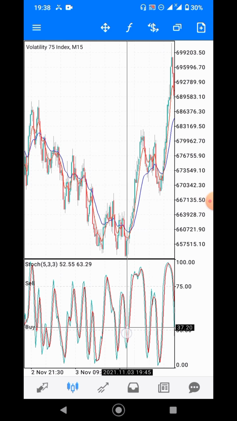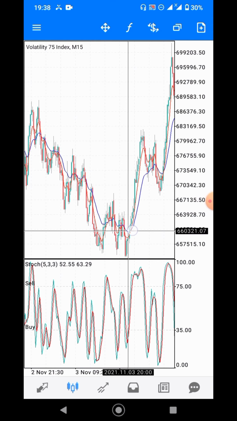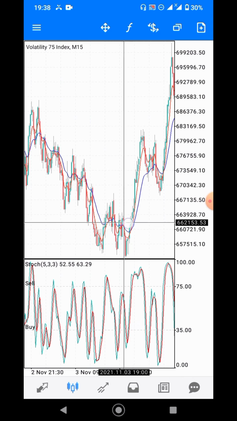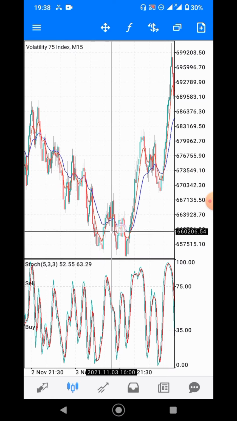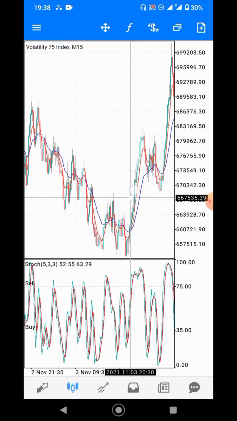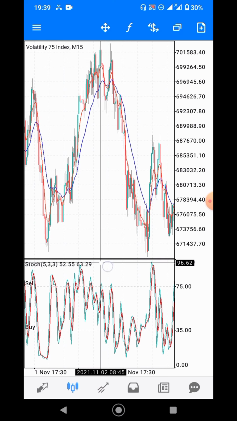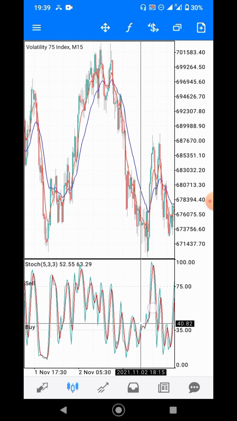What I mean is that, let's say a crossing occurs here, and after 2 candles or maybe after 1 candle a cross occurs, then you can enter your trade. But if it's after like 5 or 6 candles that the crossing occurs in the main chart, then you avoid the trade. Sometimes there'll be a crossing in the moving average and the crossing will not be above or below the level. It happens, you just have to take it like that.